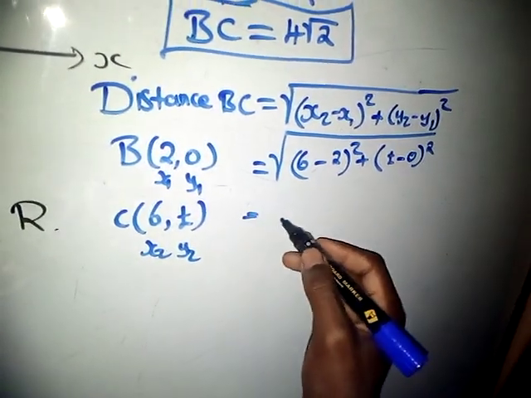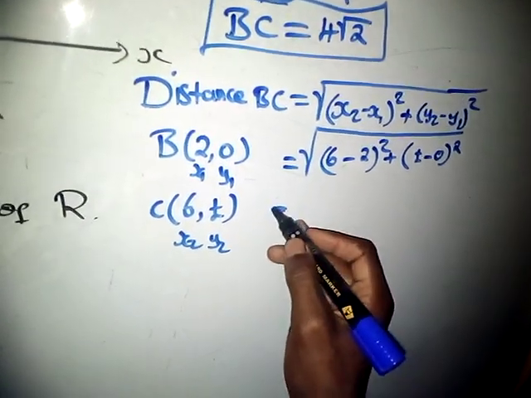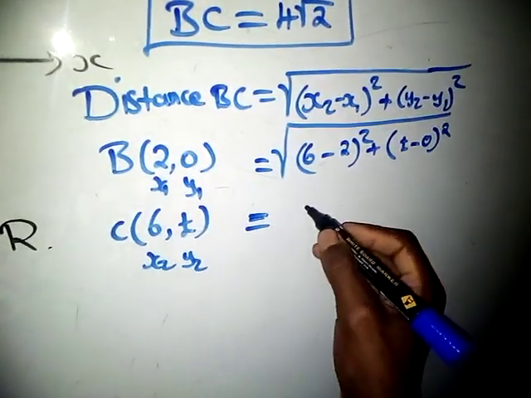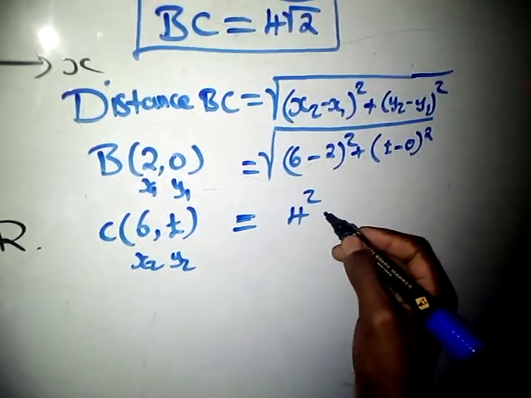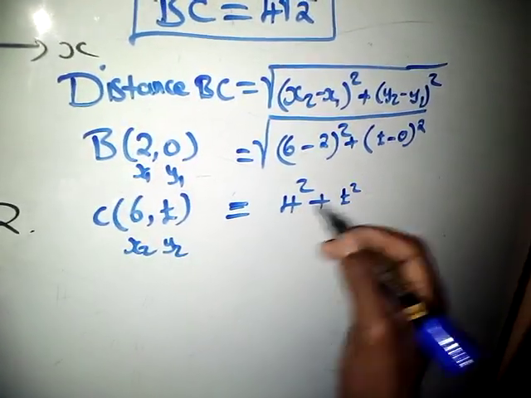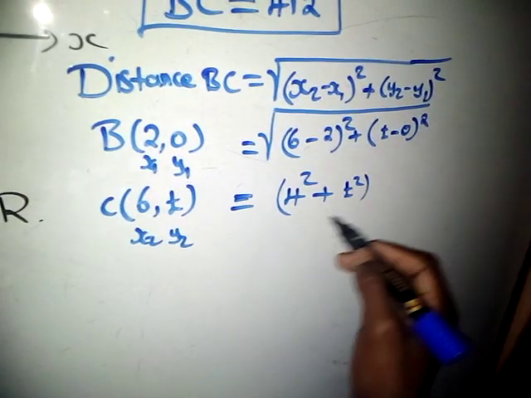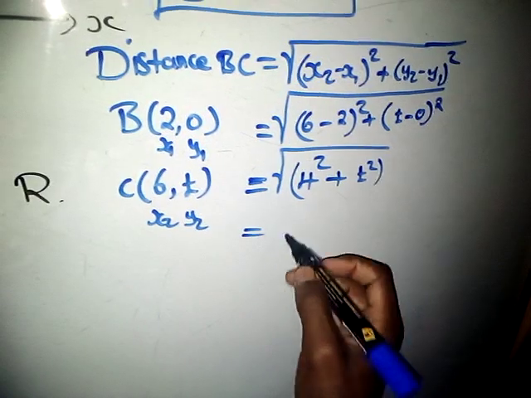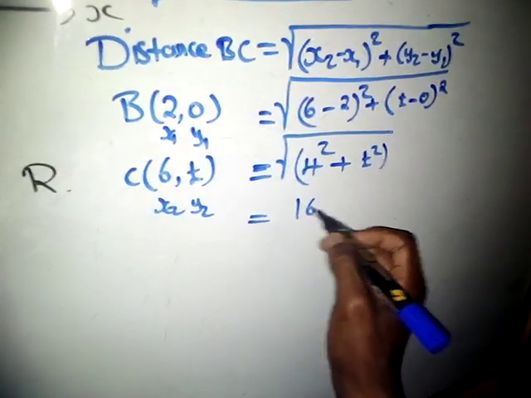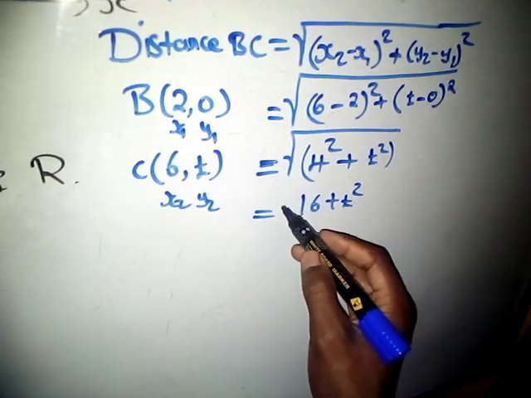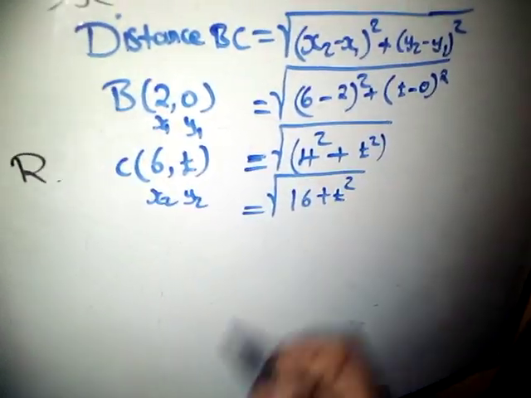Then we simplify this. What you have inside there, 6 minus 2, that's 4. So that is 4 raised to the second power plus t minus 0 is t, so t to the second power. Then we put the square root, and this is 16 plus t raised to the second power. So this is basically what we have inside the square root.